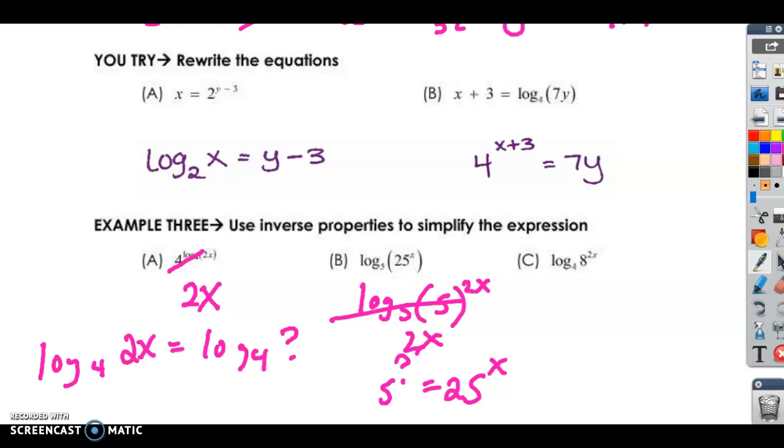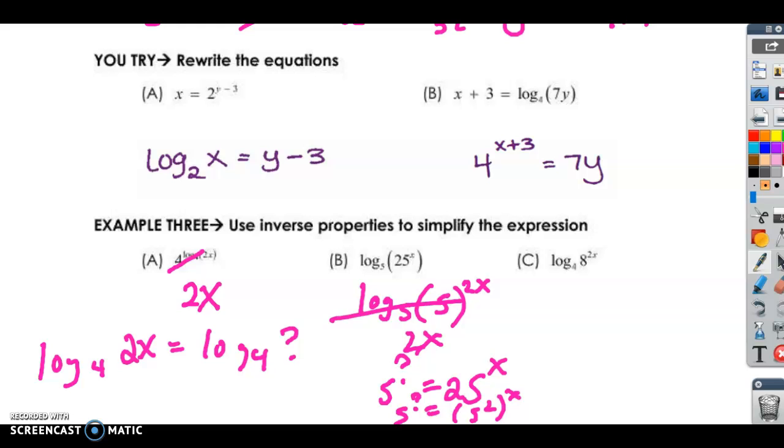And if you rewrite this as 5 to the what power equals 5 squared to the x, you'll see that the what power is 2x.